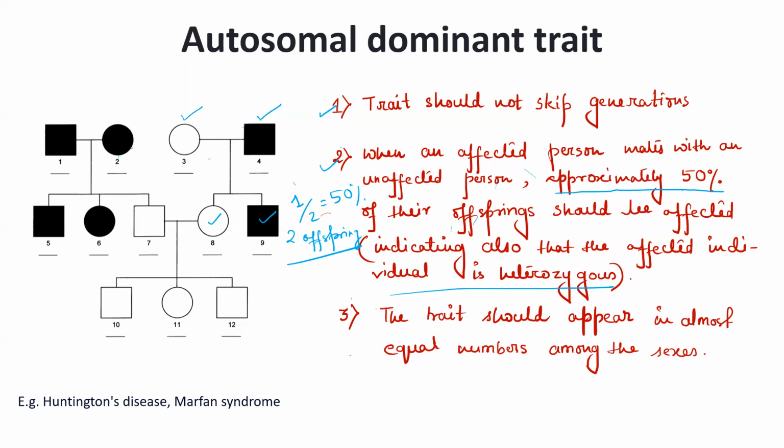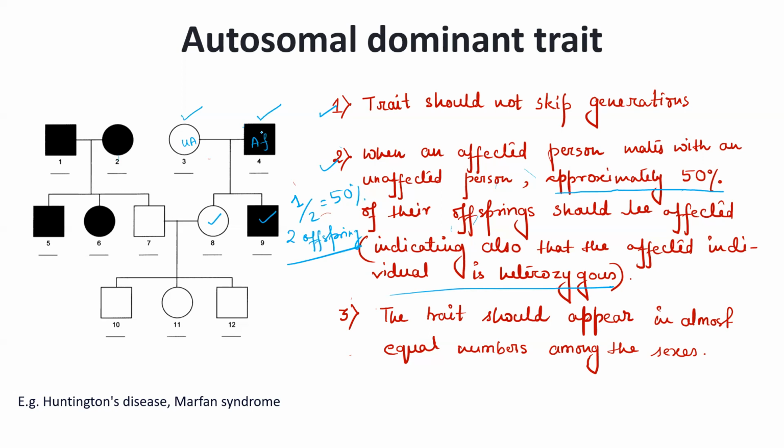Concentrate here, this shows one individual is unaffected and this person is affected. They produce two children.